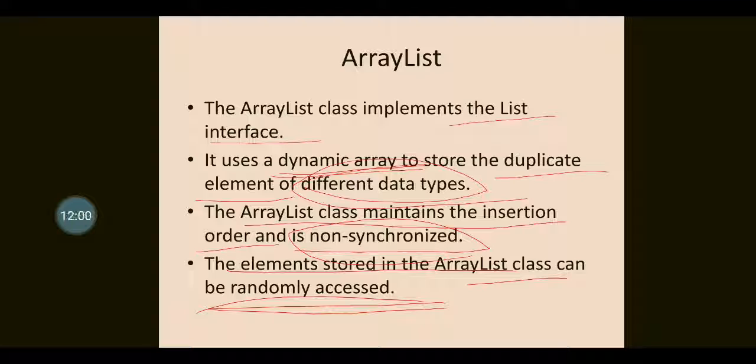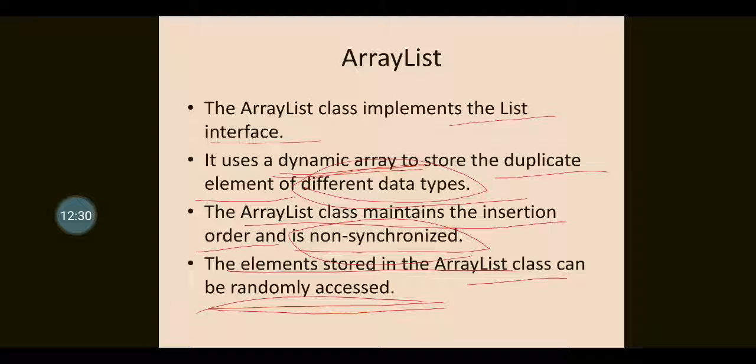It cannot be shared between many threads without the proper synchronization code. If it is a synchronized one, then the particular object can be shared among many threads, but if it is non-synchronized, it cannot be shared between many threads without proper synchronization code.